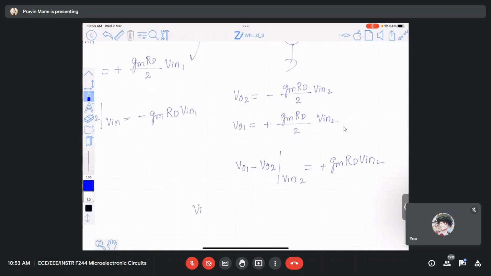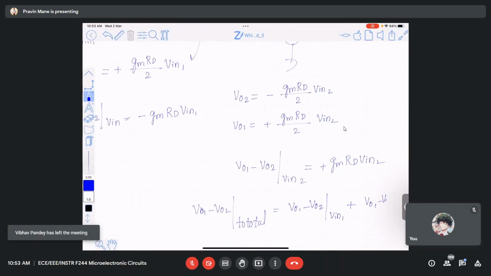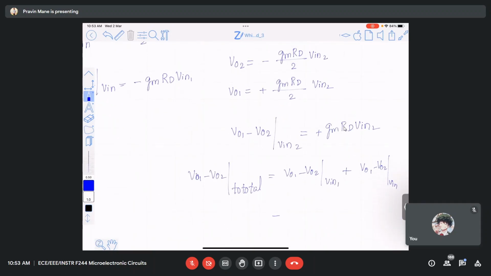Sorry, VO1 minus VO2 total is the addition of these: VO1 minus VO2 because of V in 1 plus VO1 minus VO2 because of V in 2. So this I got as minus GMRD into V in 1 and this as plus GMRD into V in 2.